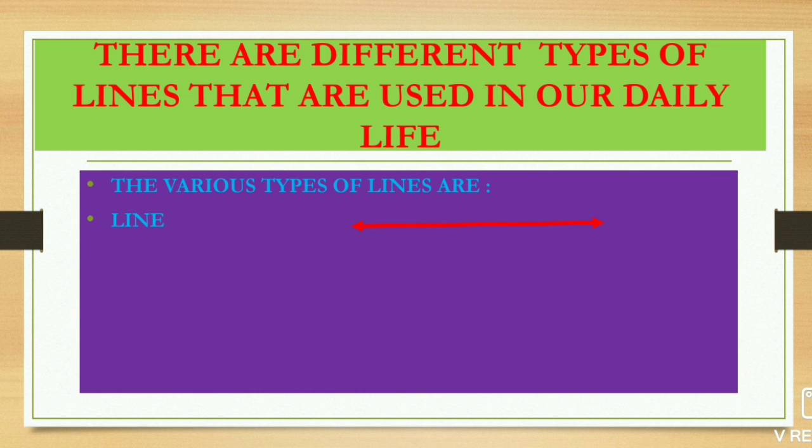See children, this is a joining of some points which is extended in both directions endlessly. Line segment. This is a part of a line and it starts from one point and ends at another point. That means it has two endpoints.